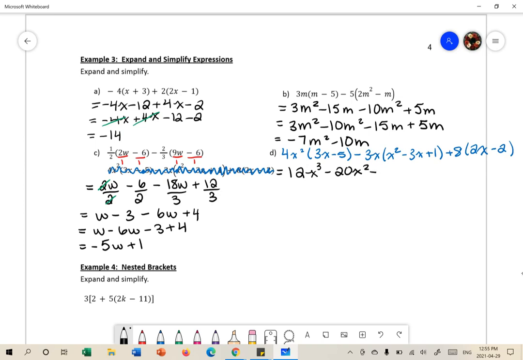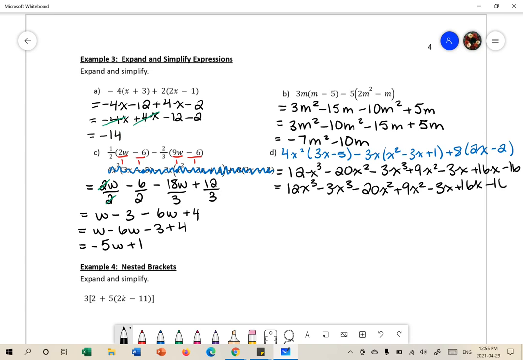Subtract 3x cubed plus 9x squared, subtract 3x plus 16x, subtract 16. Collecting like terms. And then simplifying like terms.